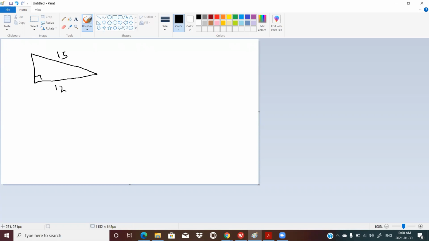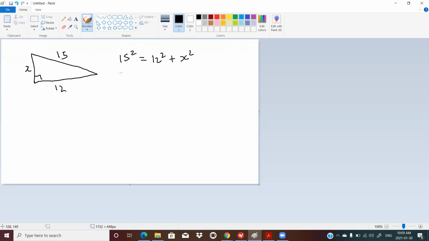All right. So we're asked to find x. So basically the setup would just be 15 squared equals 12 squared plus x squared. You're trying to find x. So say, okay, 15 squared is what?